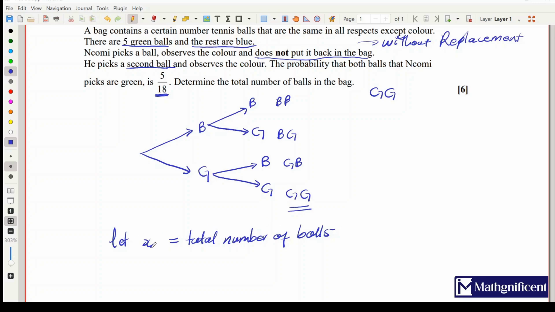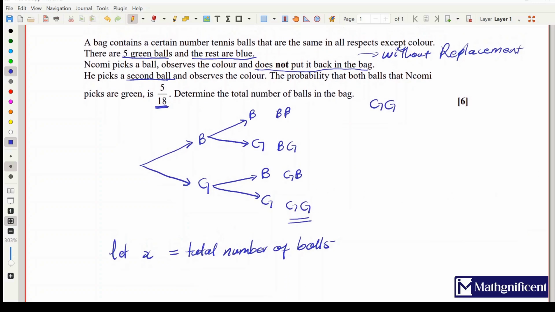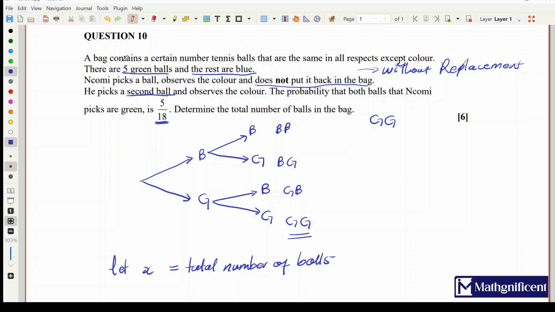Now if we let x represent the total number of balls, how many balls are we having? We have 5 green balls at first. So the probability of selecting a green ball is 5 over x, right?